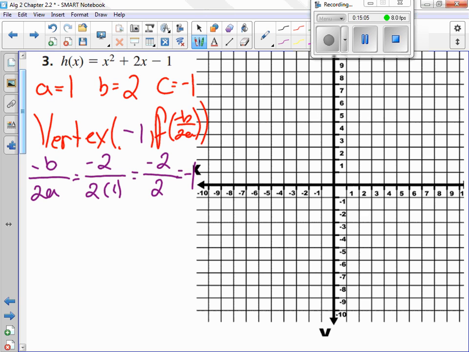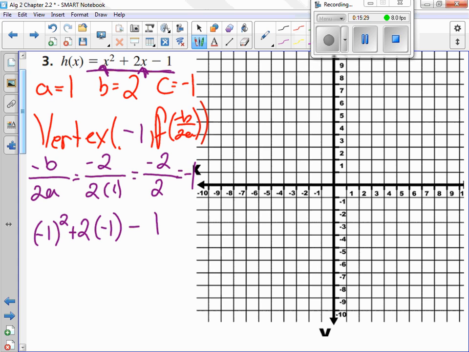Now what do we do? We plug it in for x in our original function. So we'd have negative 1 squared plus 2 times negative 1 minus 1. I just took our original function and in our two places where there was x squared and x, I plugged in negative 1.